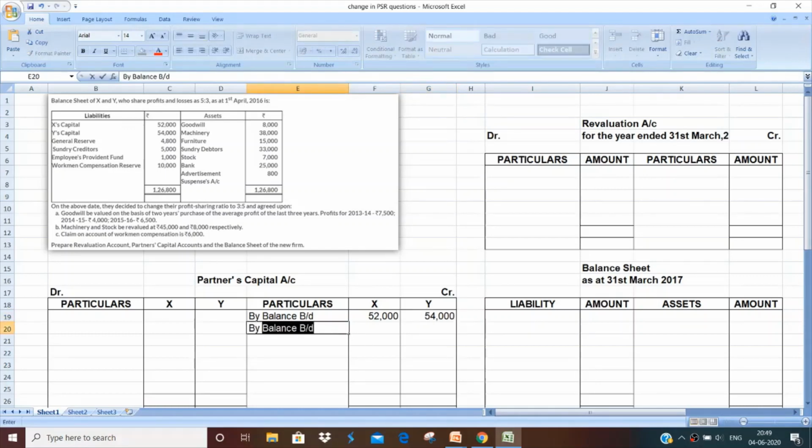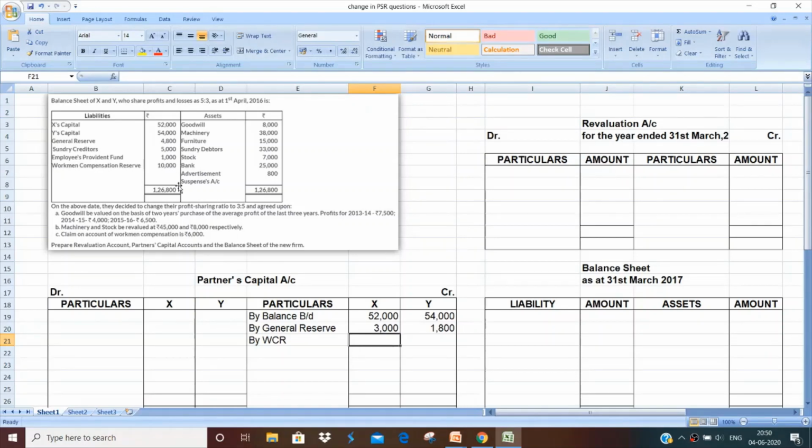So I'll write here by general reserve and by workmen compensation reserve. Now the general reserve amount that is given is 4,800. This 4,800 will be divided in the old ratio, that is 5:3, thereby giving us the amounts 3,000 and 1,800.